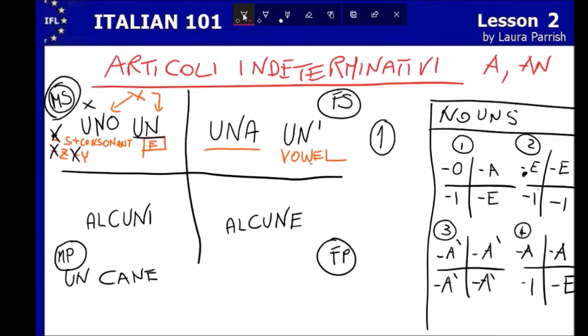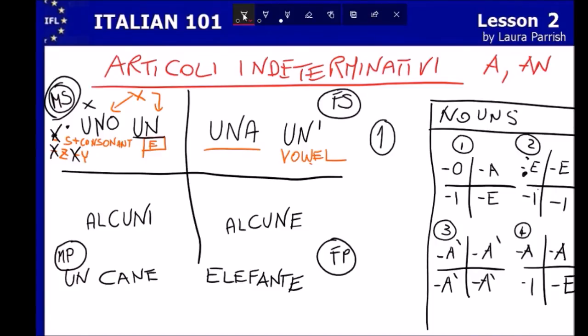Then let's use another word. Let's use elefante. Elefante belongs to the second pattern. It's masculine singular. So we have to go here again. Let's analyze. Does elefante start with S plus consonant?